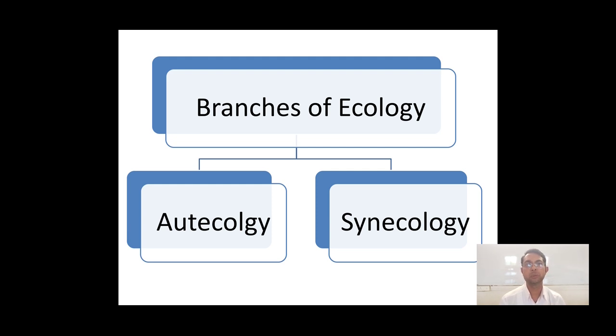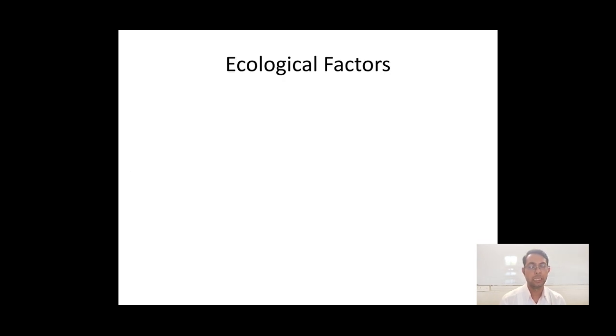So this is the basic difference between them. Simply we can say that autecology is the study of a single organism and its environment, and synecology is the inclusion of different parameters.